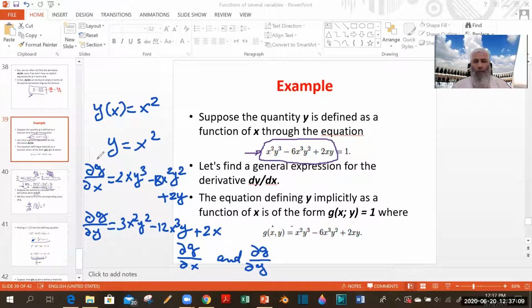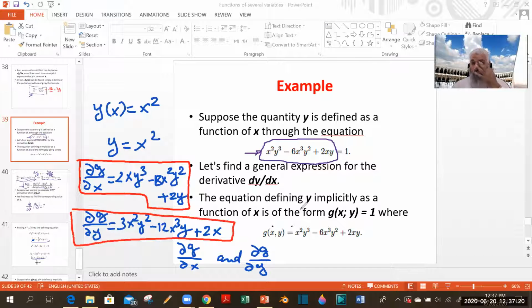Now you will divide this by this, right? But Ustaz, what's the reason for dividing these two? We need to calculate dy dx. Let's find a general expression for the derivative dy dx.